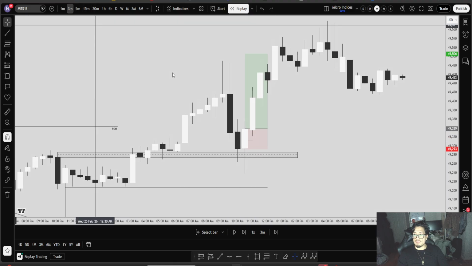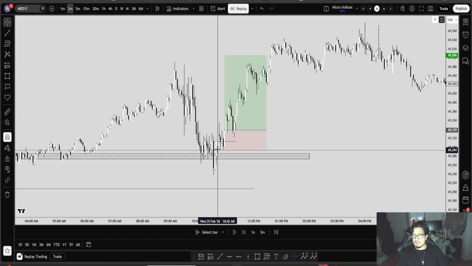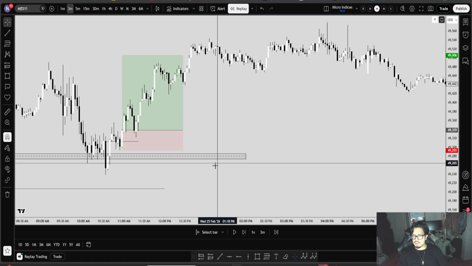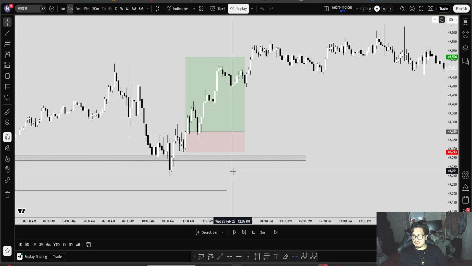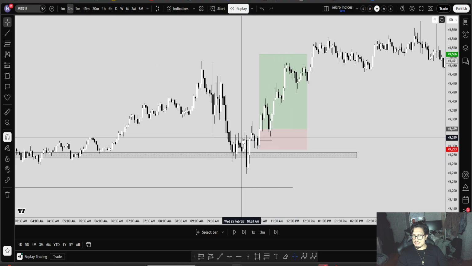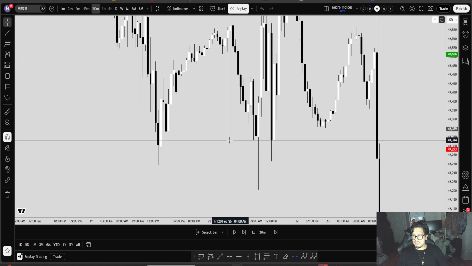I would say that one thing I could have done better was maybe waiting for the confirmation of this V-shaped reversal, based off that 30-minute candle. But sometimes it's not really necessary, because once you start to see that V-shape, you can anticipate that specific 30-minute candle that I mentioned, the C3.